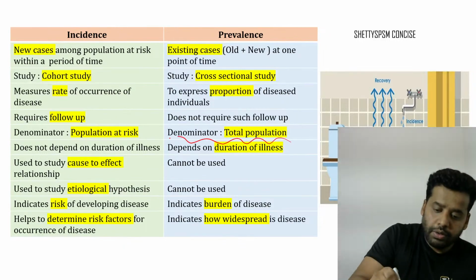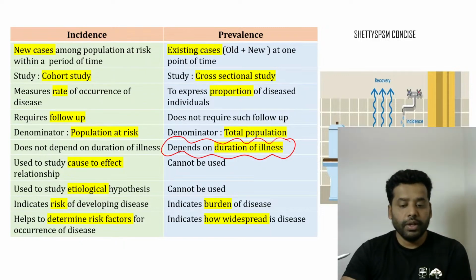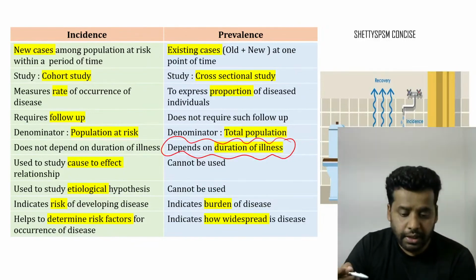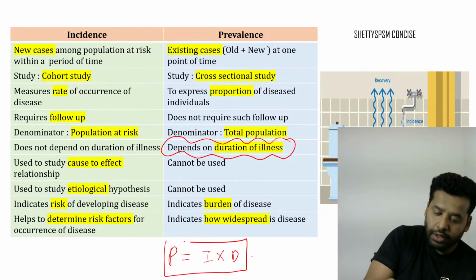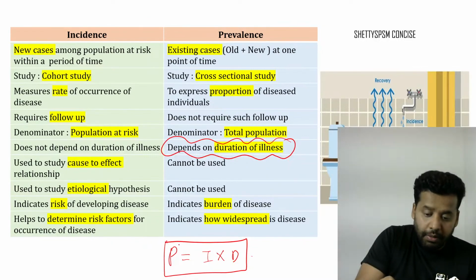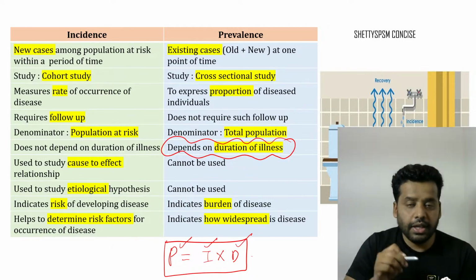Prevalence depends on duration of illness, means what? You know the equation, repeat with me, very good. Prevalence depends on duration of illness, what is the answer? Yes. P is equal to I into D. D for duration, I for incidence. Prevalence depends on two things, incidence and duration of illness.